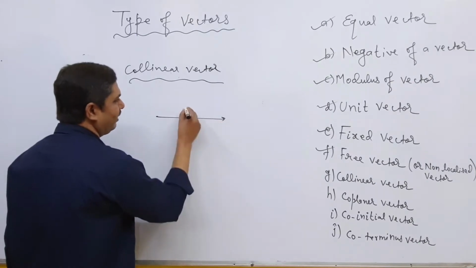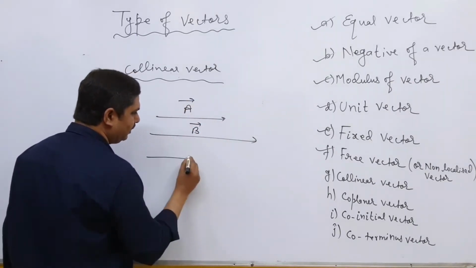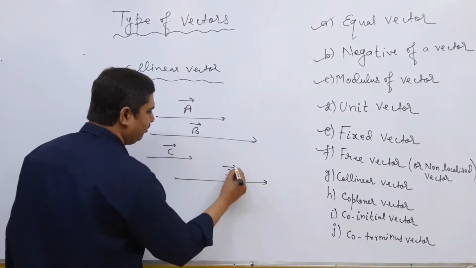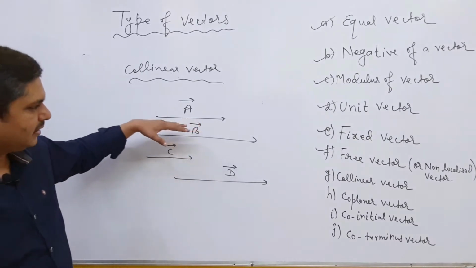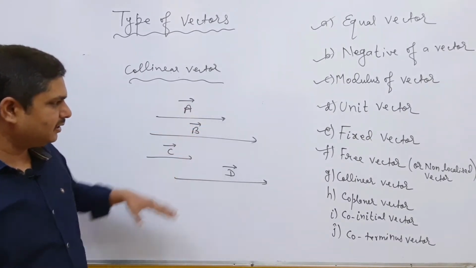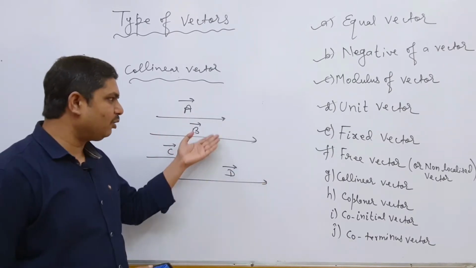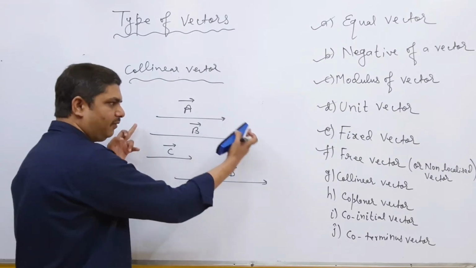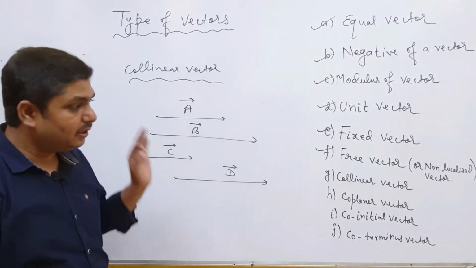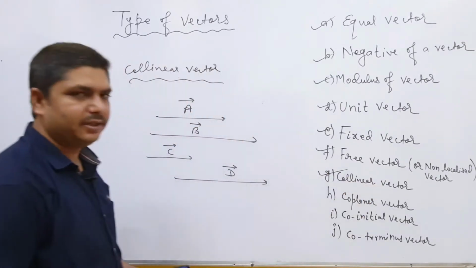Suppose this is vector A, this is vector B, this is vector C, this is vector D. Then I have drawn four vectors A, B, C and D. All the vectors are moving along the same direction. They are parallel to each other, but the lengths of the vectors vary. They are not the same. Such vectors are said to be collinear vectors.